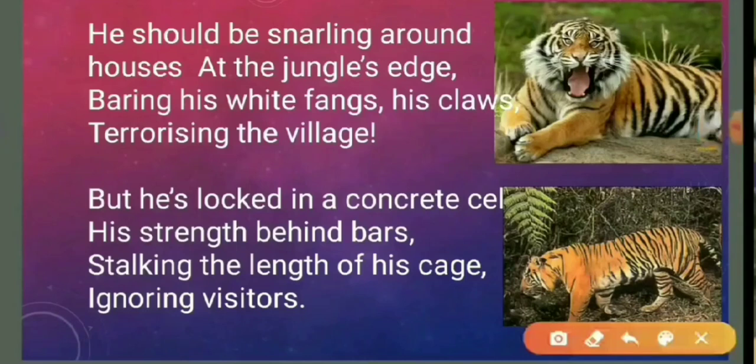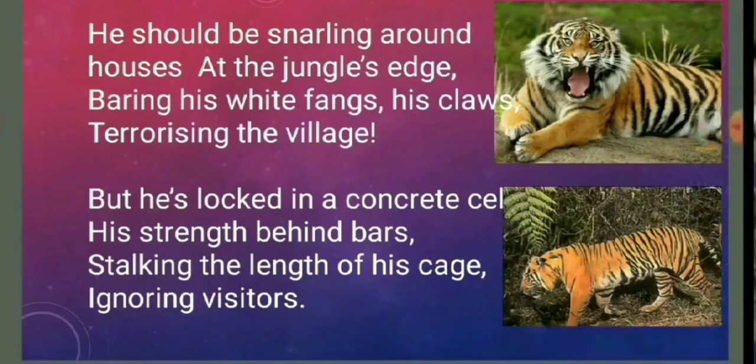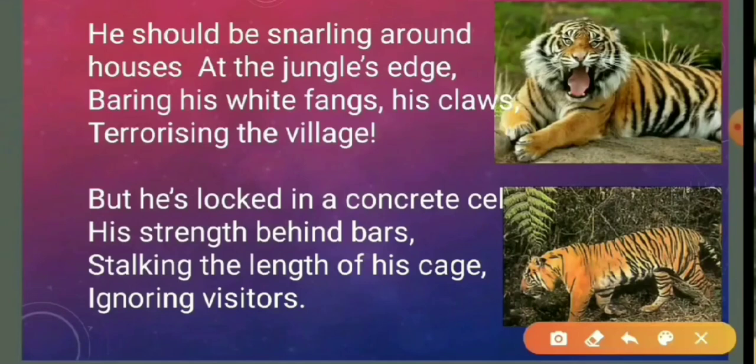You can see the effect of E: his, locked, concrete, cell. This is assonance. Next is consonance, effect of any consonant sound. Now again see in the line, his, effect of S, his strength behind the bars, effect of S. This is known as consonance.